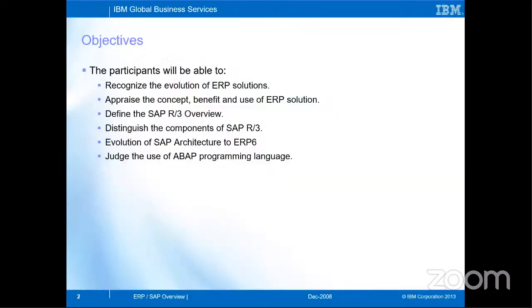So before we jump in, I'll put in a brief objective of what we are trying to do here. What you will learn in the 45 minutes that we have today: we'll try to understand how ERP as a solution started. The evolution began from four individuals, and how it went into a big software company.